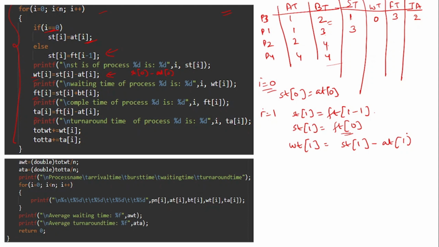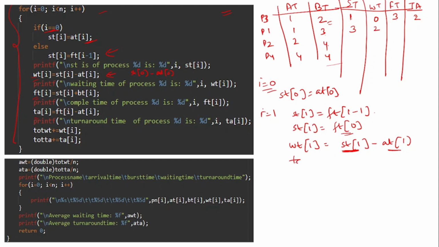So the waiting time is the difference of the two: the time at which the process is in the ready queue and the time the process gets the CPU. The start time, that is, when the process gets the CPU, minus the arrival time, when the process is in the ready queue, is its waiting time, because it is the time until which it is waiting for the CPU. So this is ST1 minus AT1, that is 3 minus 1, which is 2 here.